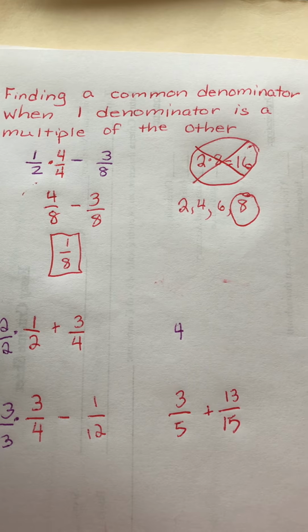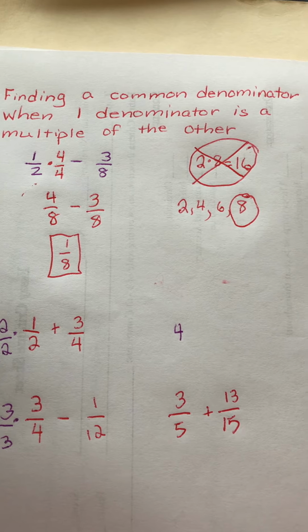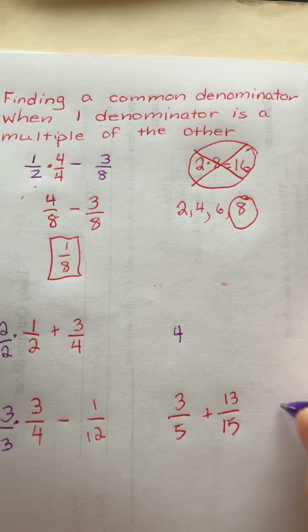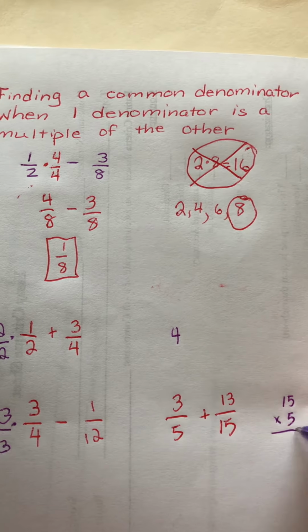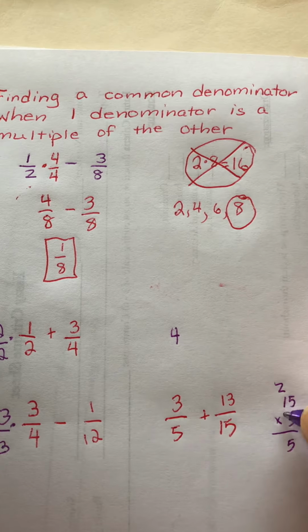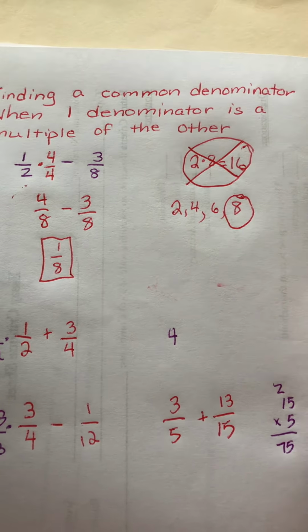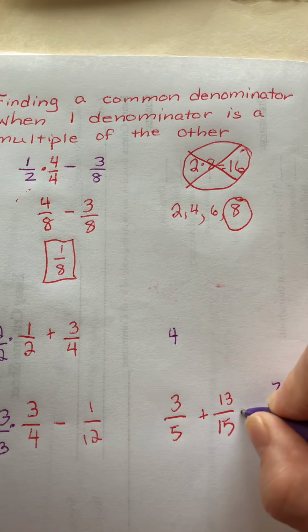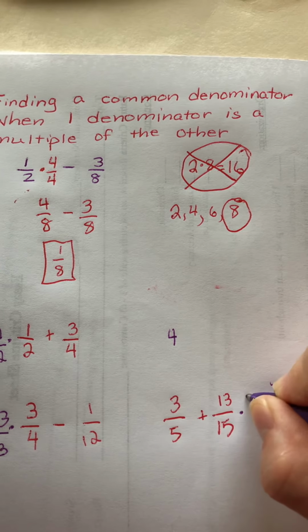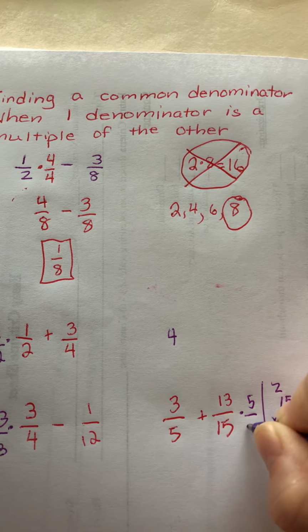Look what happens if I try to multiply 5 times 15 and see how much work it is. First, I've got to go over on the side and multiply 15 times 5. That gives me 25. And that's 75. So I need a common denominator of 75. So this one I'm going to multiply by 5 over 5.